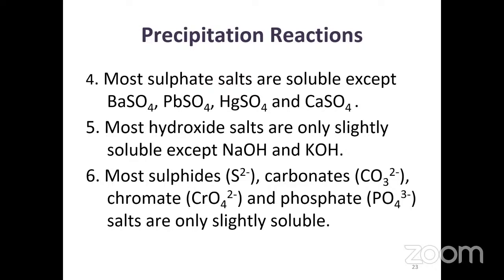So where we stopped the last class was that we were looking at the solubility table, refreshing our memory on what we already know. So we continue from there by taking a question on stoichiometry involving precipitation reaction.